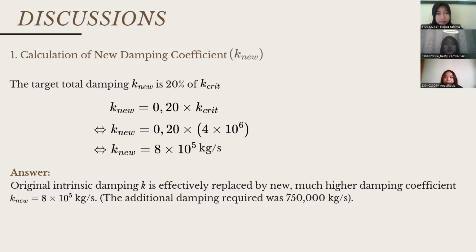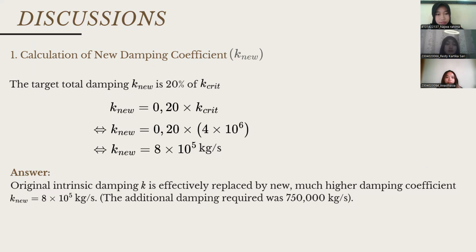So first, we must calculate the new damping coefficient, or K nu. The target total damping K nu is 20% of the K crit. So K nu is equal to 20% times K crit, and we got K nu equal to 8 times 10 to the power 5 kilogram per second.